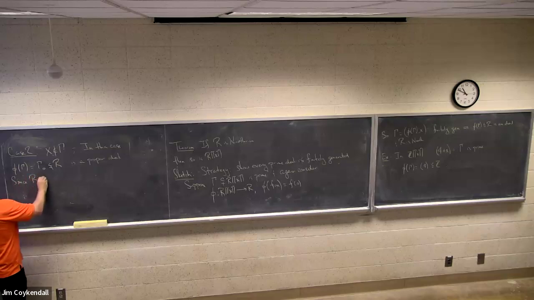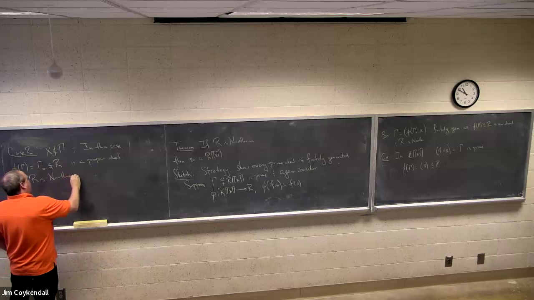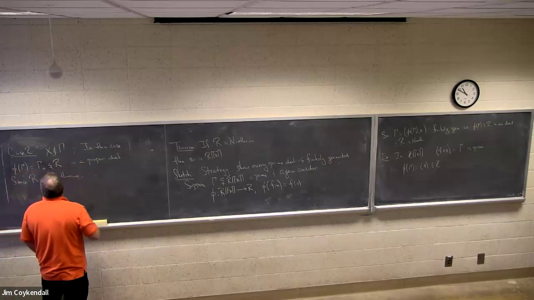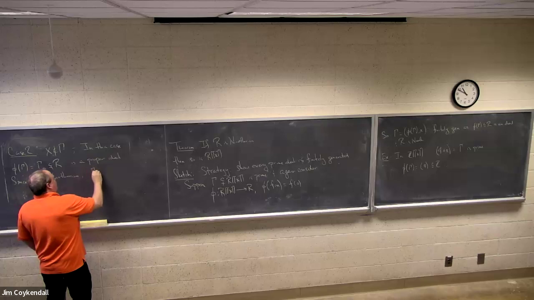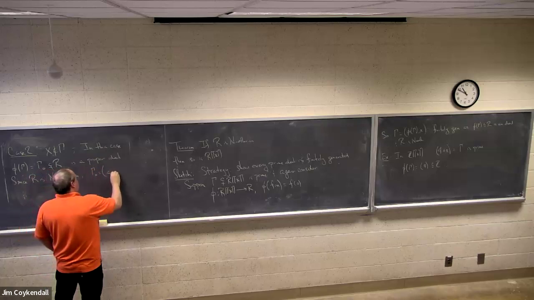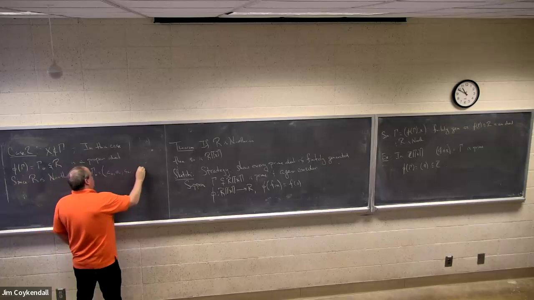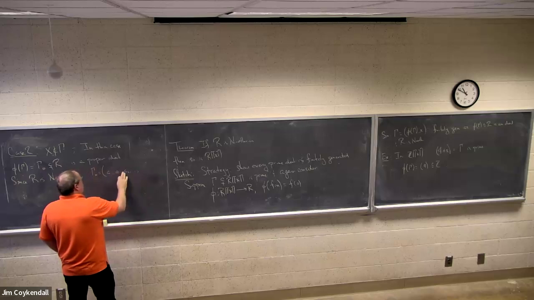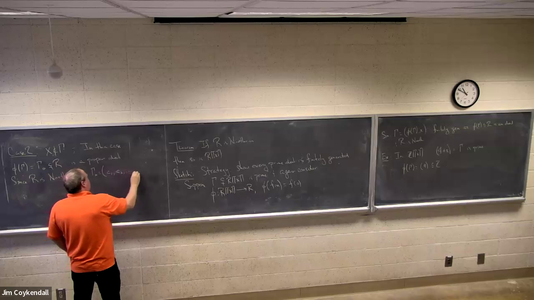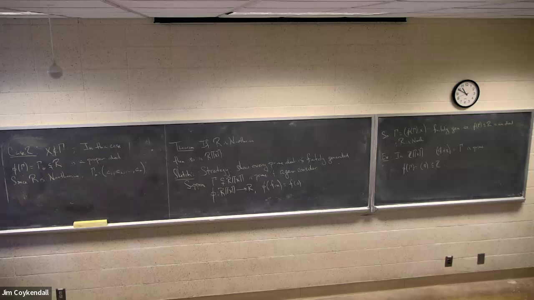Since R is Noetherian, gamma 0 is generated by, let's say, a0, a1, a2, up to an. I don't know much, but I know that ideal is finitely generated.